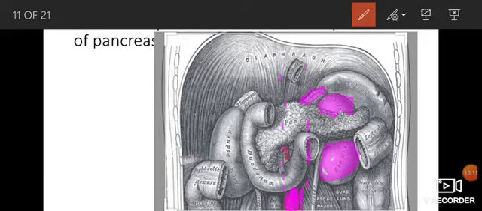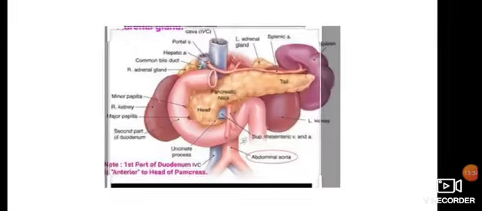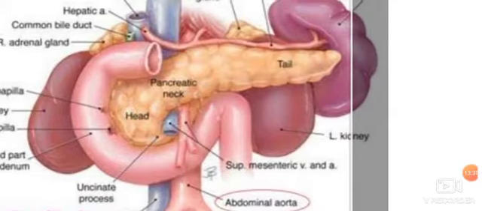So, aorta is there, left kidney, left suprarenal gland, then the branch of the aorta to the kidney, that is the renal vessels, left renal vessels. In the next picture, it is a color diagram showing the same relation. Here you can see the kidney, suprarenal gland, then the aorta.